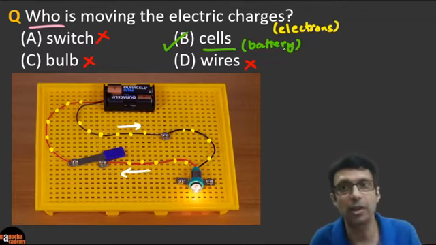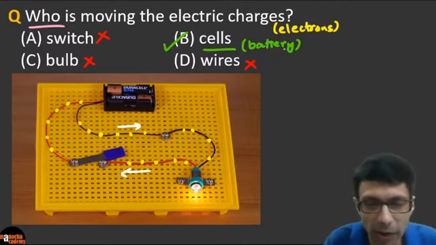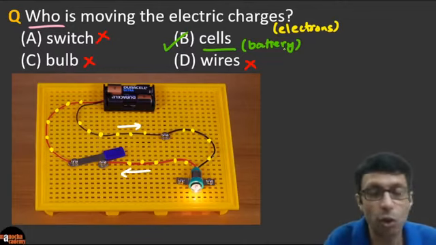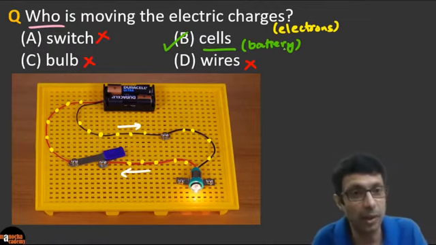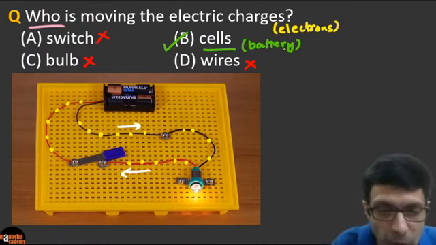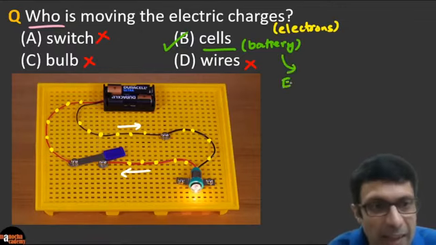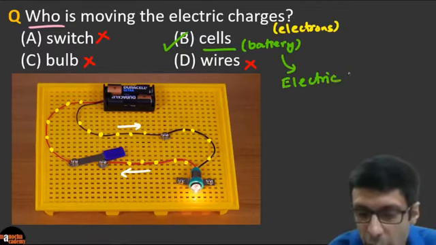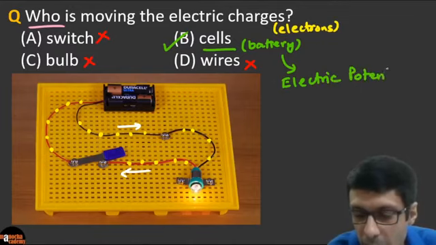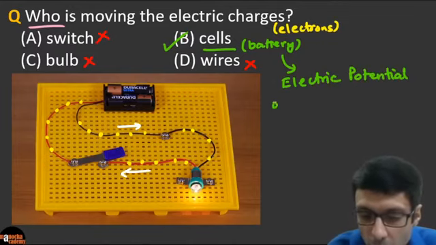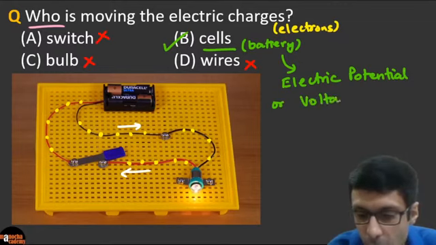And what is the general term used for this? So very important. What is cells or batteries, or the electrical supply that you're getting at home? What is that known as? The general term is called electric potential. Very important. So the term is electric potential, also known as voltage, or also known as electric potential difference.